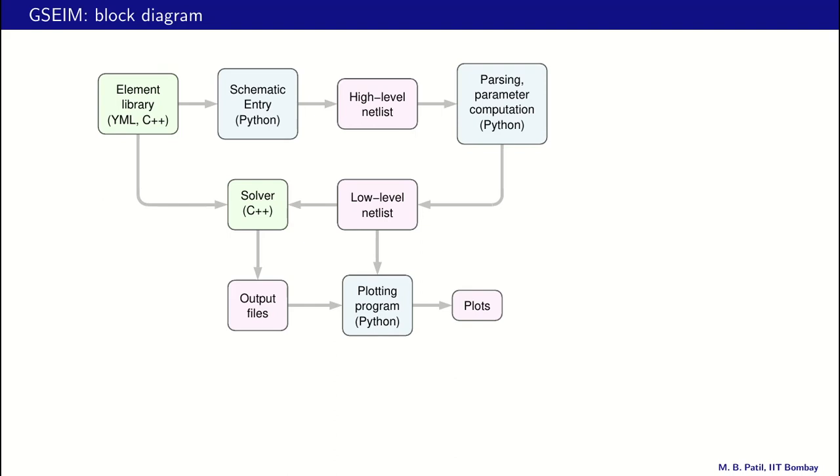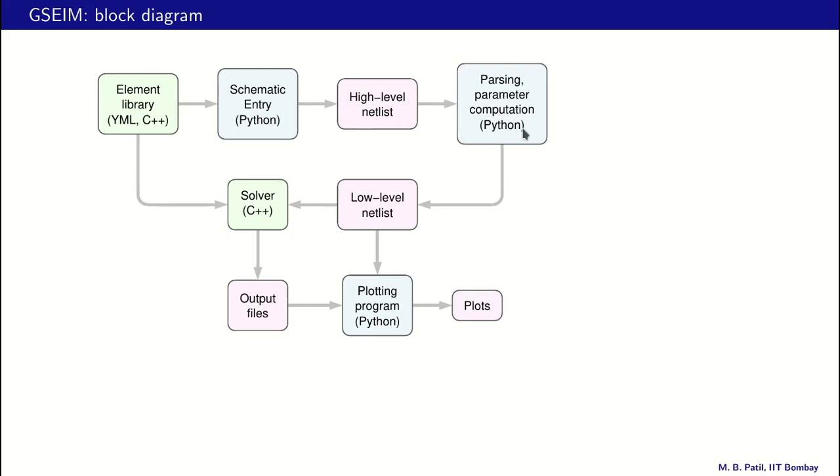Here is the block diagram of the GSEIM circuit simulator. There is the schematic entry code written in Python. In fact, this is adapted from the GNU Radio package that interacts with the element library of GSEIM, and it produces a high-level netlist, and there is some parsing and parameter computation and so on.